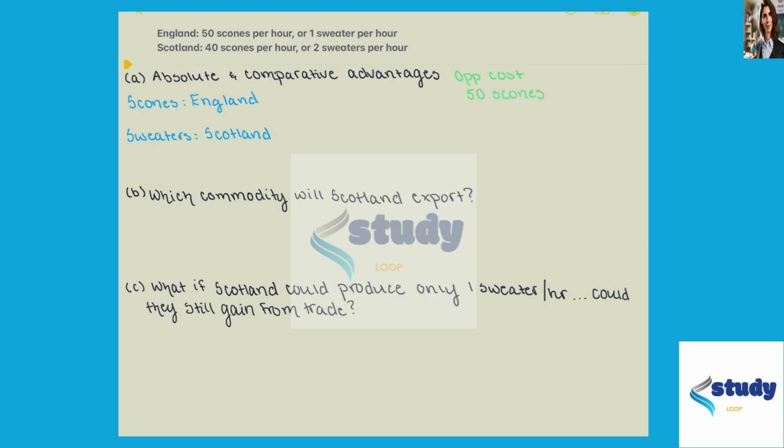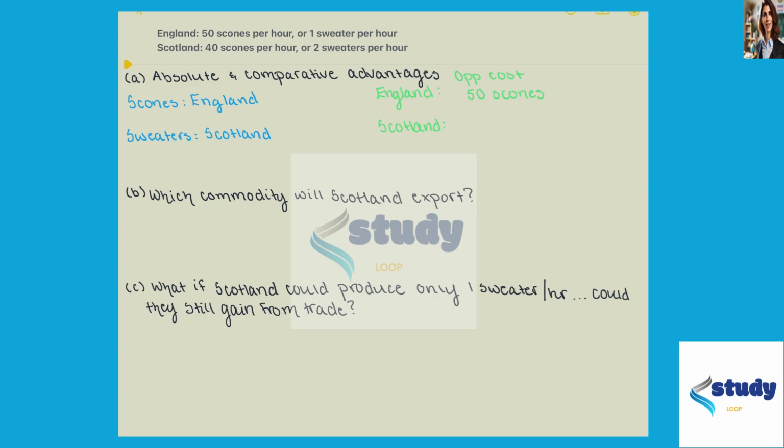Now, if we wanted to look at Scotland, we've got England right here. This is their opportunity cost of producing a sweater, 50 scones. Now, Scotland's opportunity cost of producing a sweater is a little trickier because it tells us that they can produce 2 sweaters per hour, whereas England was really straightforward, it's just 1 sweater per hour. But these 2 sweaters per hour tells us that it takes them 30 minutes to make each sweater.